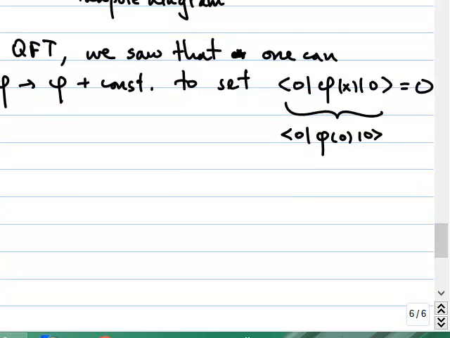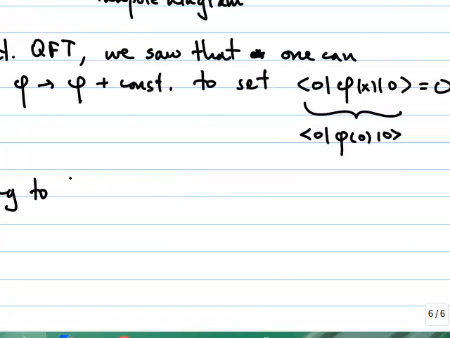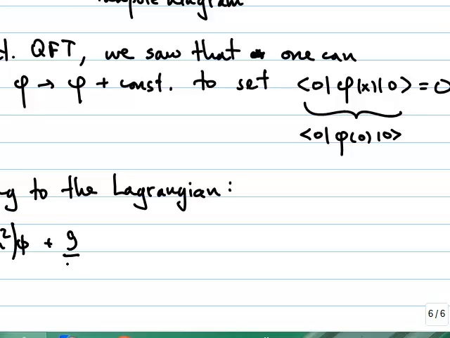So what would shifting this field phi mean in terms of the Lagrangian and in terms of these Feynman diagrams? So this means that we have to insert an addition to the Lagrangian so that our Lagrangian is no longer just this phi cubed theory, but we have to add a term that's linear in phi.